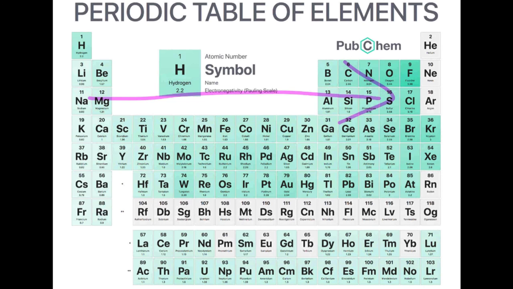So you are decidedly not electronegative if you're down in that bottom left-hand corner of the periodic table. So electronegativity increases as we go up, generally speaking, and as we go to the right, generally speaking. And this takes arguments from effective nuclear charge, size, and the orbital model to help us explain all this.